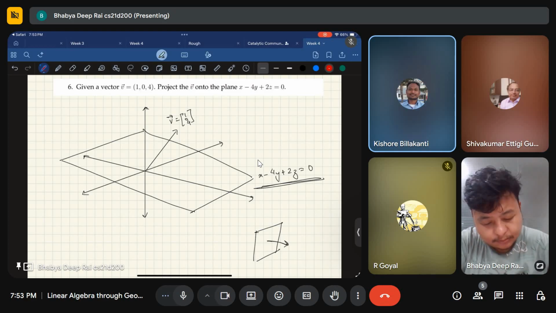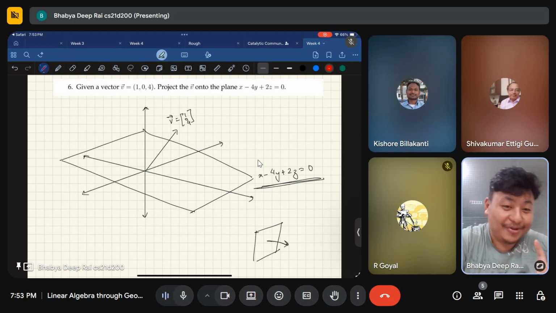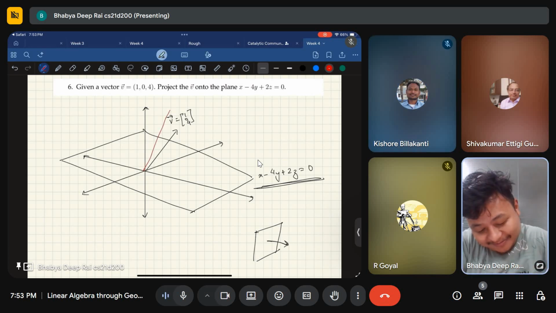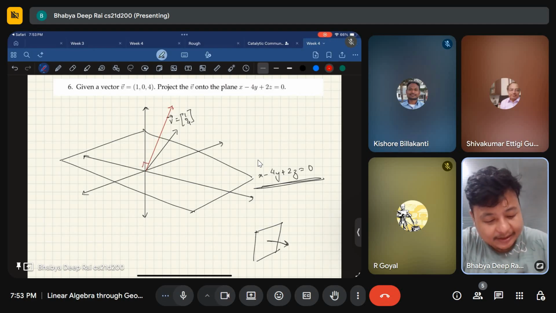Okay, so here I'll tell you a simple trick. For example, this guy is perpendicular to the plane.